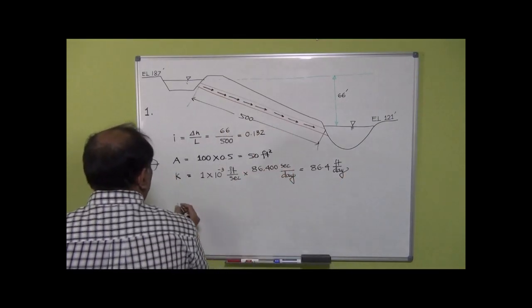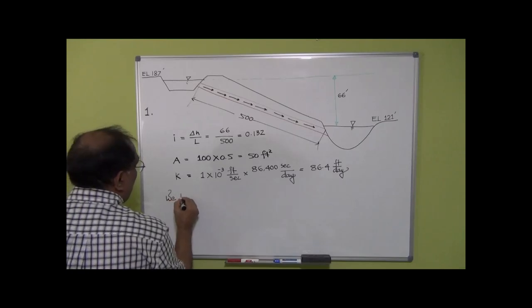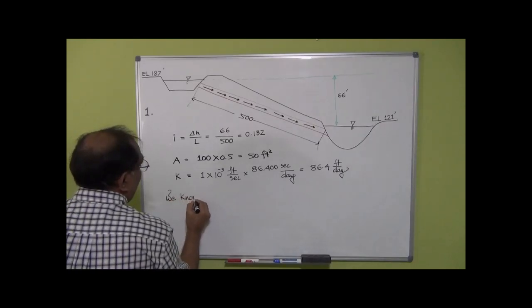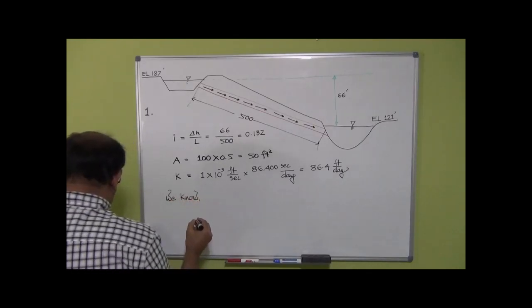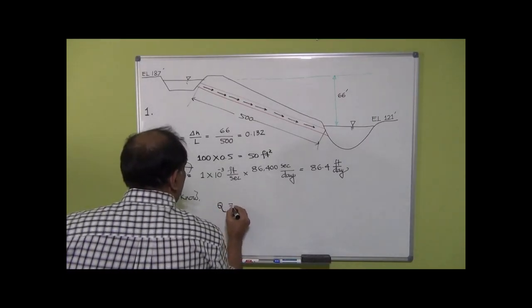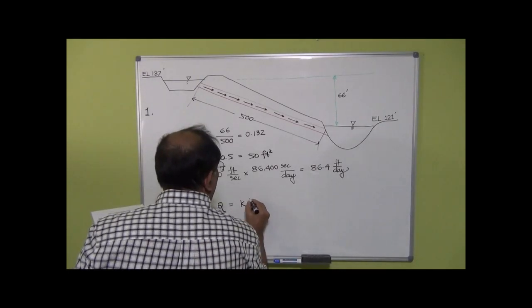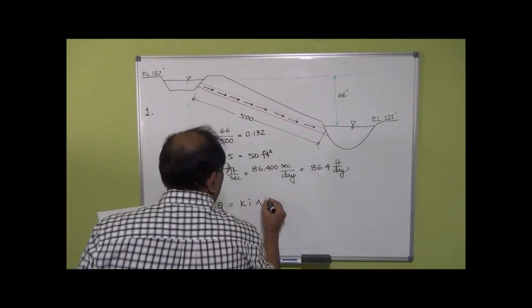Now we know that Q, total flow for one day, would be k i A t.